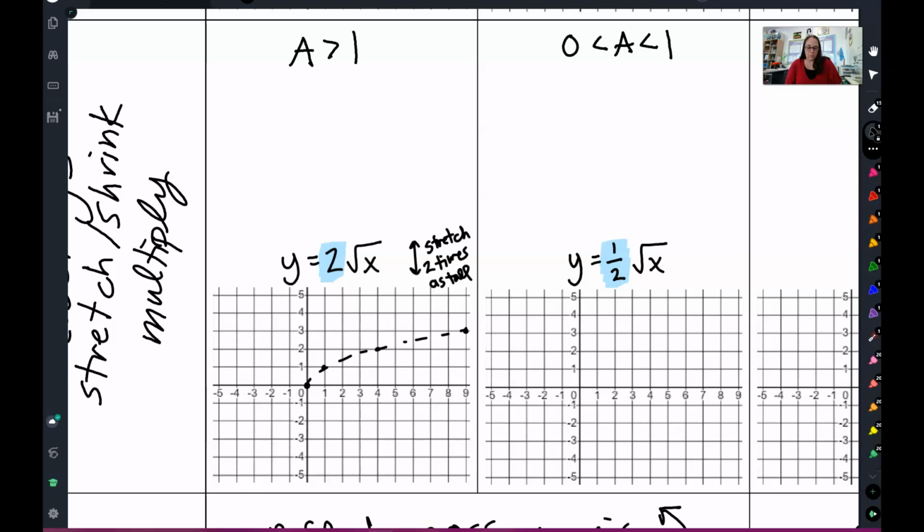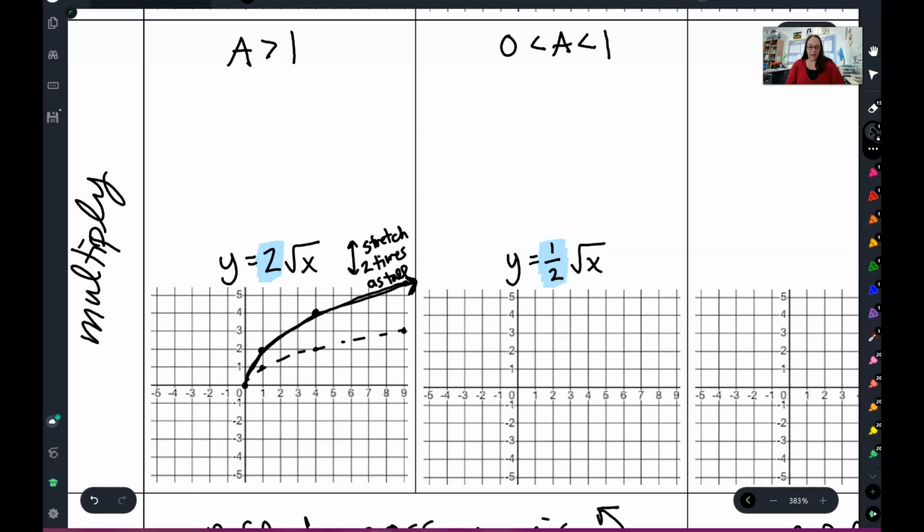So all of these points should be twice as tall away from the origin. This one stays on the origin, so it doesn't move. This one is 1 away from the origin, so it should be twice as tall, up to 2. This one is 2 away, so it should be up to 4. And this is 3 away, so it should be up to 6. So there is my graph. And all of these points are 2 times as tall, because I multiplied by a 2 outside.